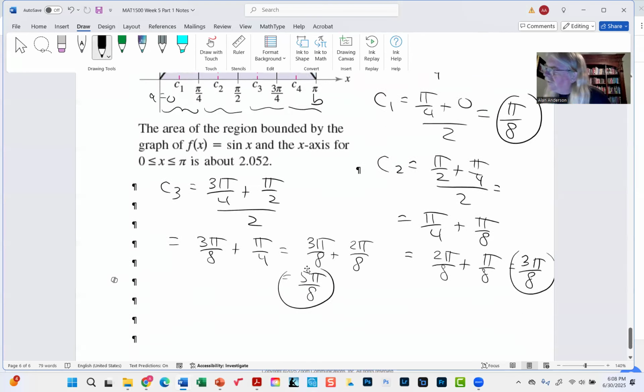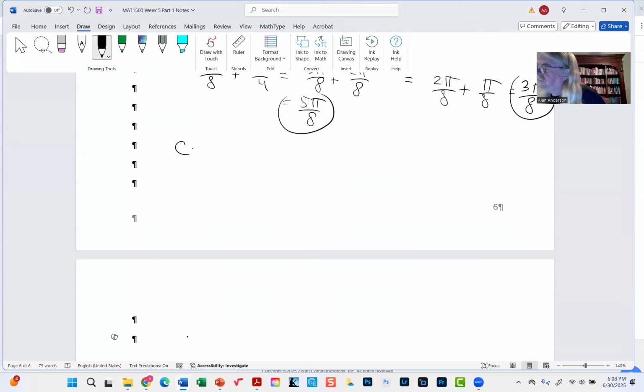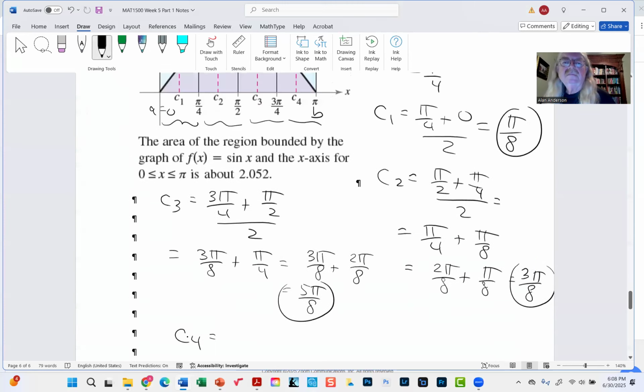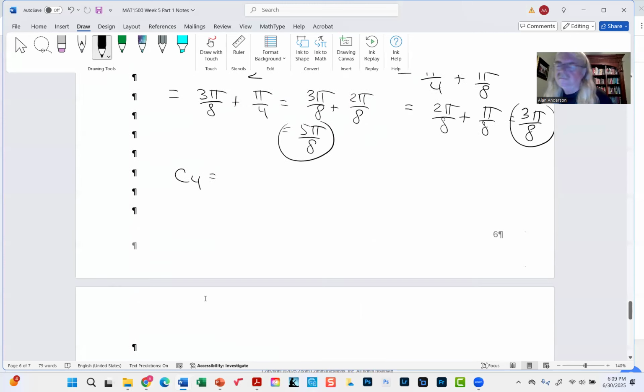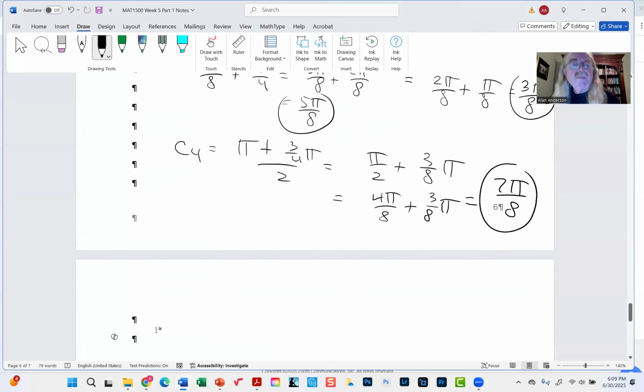And then halfway between pi and 3/4 of pi must be 7 pi over 8. All right. Those are my midpoints.